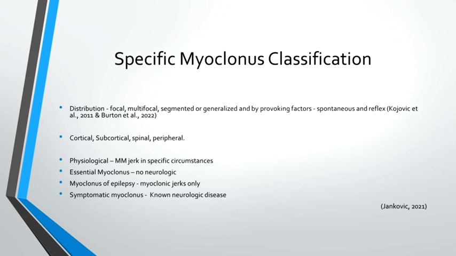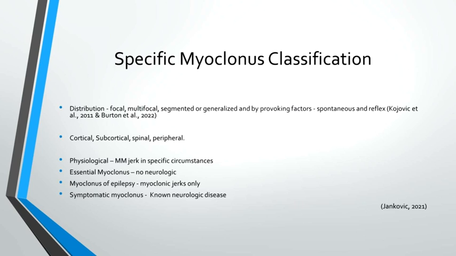Now, specifically for the myoclonus classification, they want to get into more depth, so it becomes focal, multifocal, segmental, and generalized again, because we're looking at different areas or different types of seizure classifications here. They also specifically try classifying it by provoking factors.